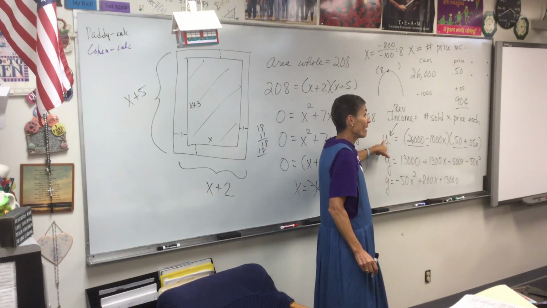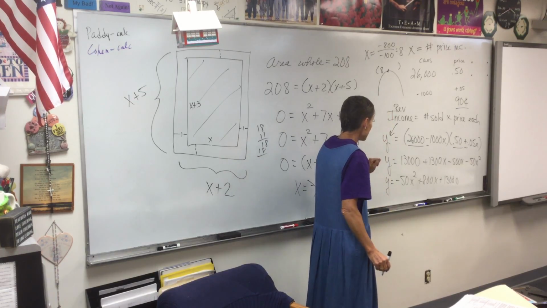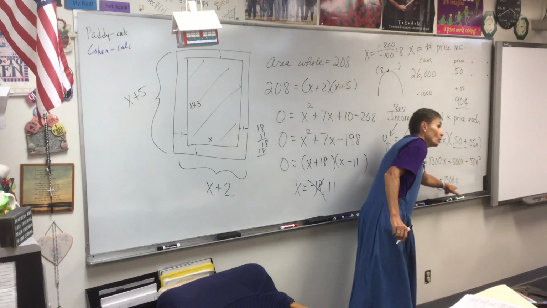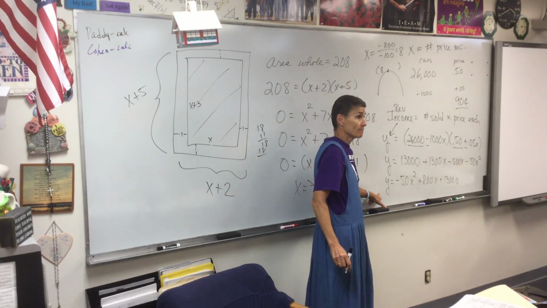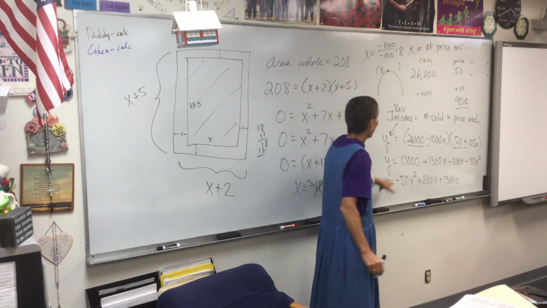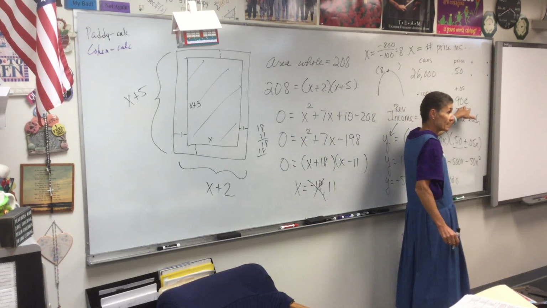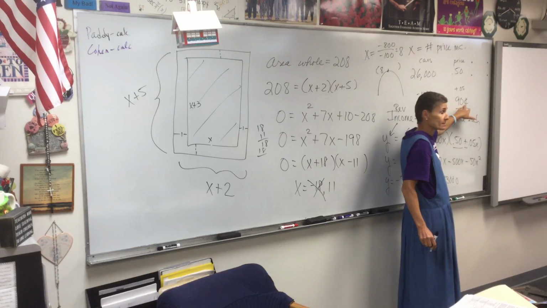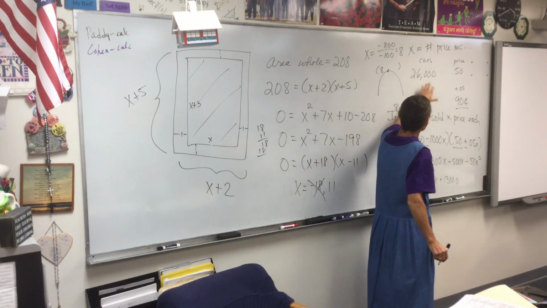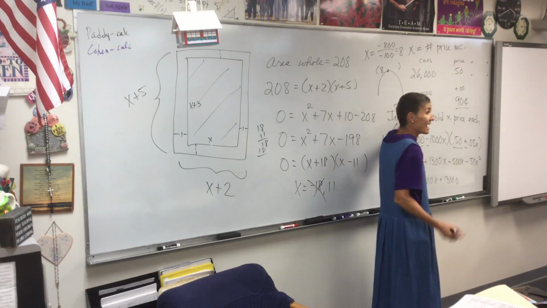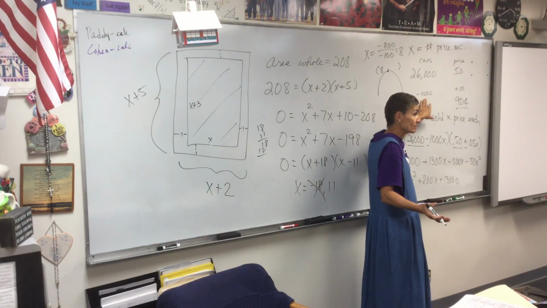y represents the revenue, right? So you've got a couple of options. You can either plug 8 into your equation, wouldn't that give you y? Or you can come back and figure out, okay, you already figured out that 90 cents is your optimum price. So if I raise my price 8 times, I'm going to lose 8,000 cans.